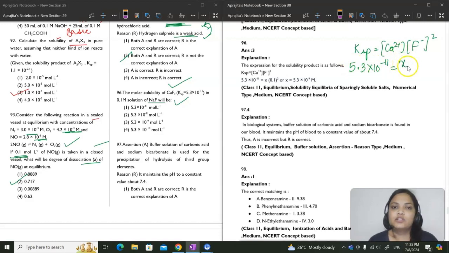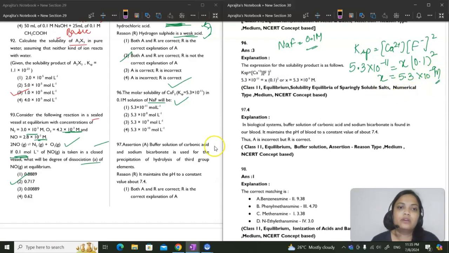Let's take the concentration of calcium ion to be X, and since it's a 0.1 molar solution of NaF, the fluoride ion concentration will be 0.1 squared. So from here you can find the value of X. It will come out to be 5.3 into 10 to the power minus 9 molar. The answer is option 3.